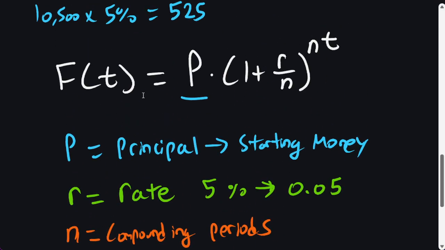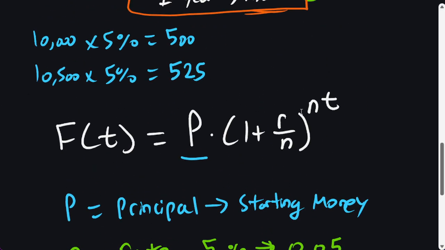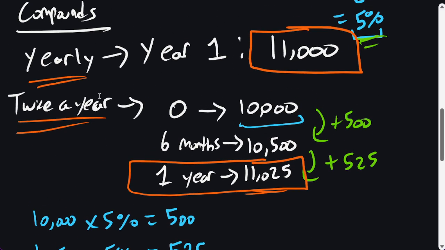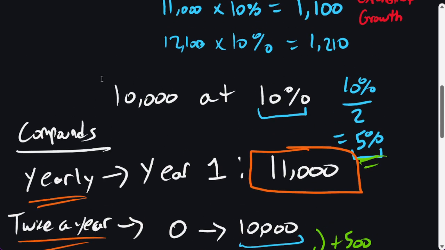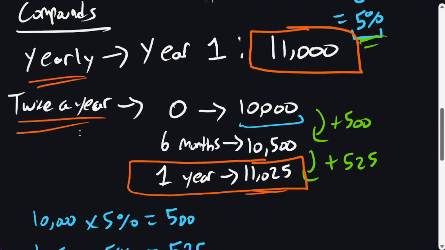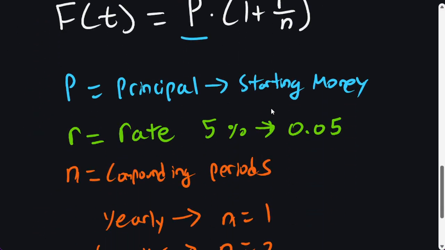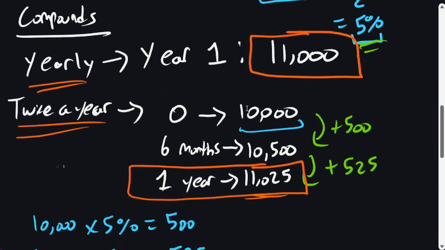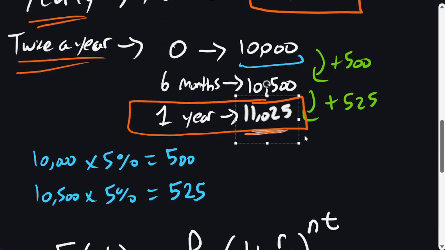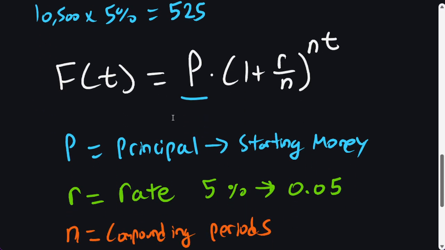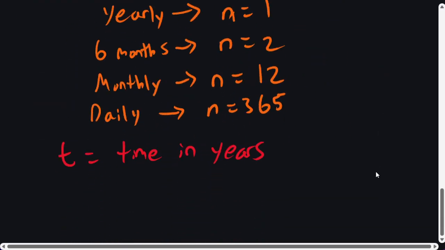So that's all the variables explained, and let's just use it in our example. Let's say we want a principal of $10,000 at a rate of 10% per year, and we want to compound it twice a year. We want to figure out how much money we have after 1 year. Well, we know the answer already from doing it this way. It's going to be 11,025. So let's see if we get that.